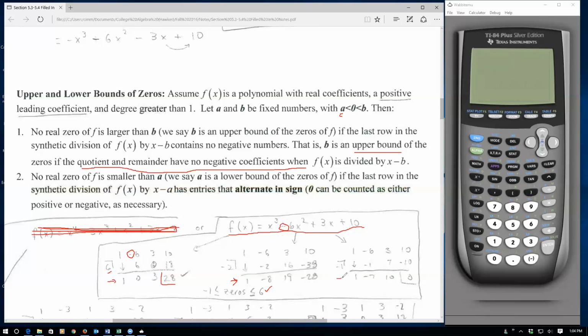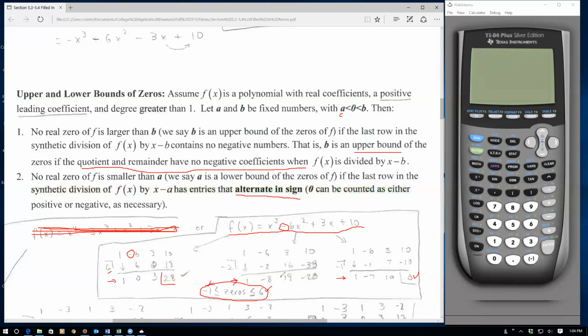Notice this not only is a lower bound because I've got plus, minus, plus, and the 0 can be counted as a minus, so it alternates in sign, but I also found a 0. So this did help me find a 0. So all the zeros are between this -1 and this +6.